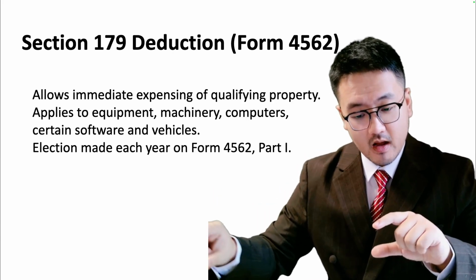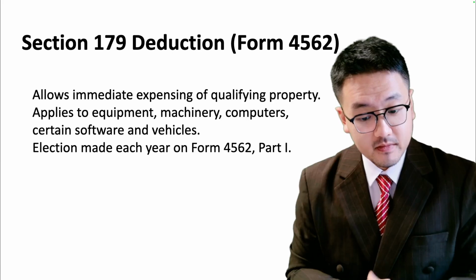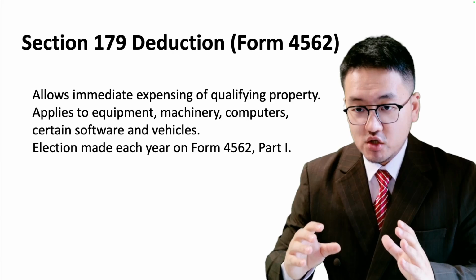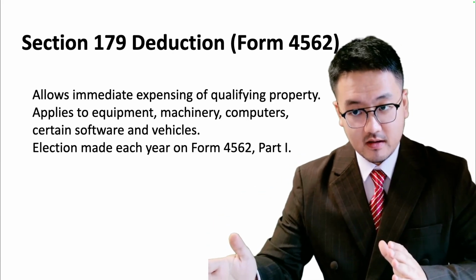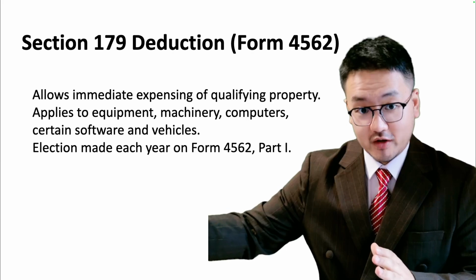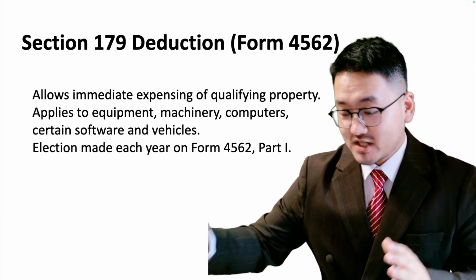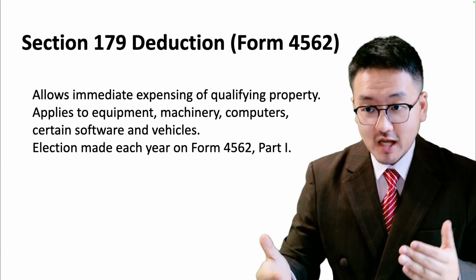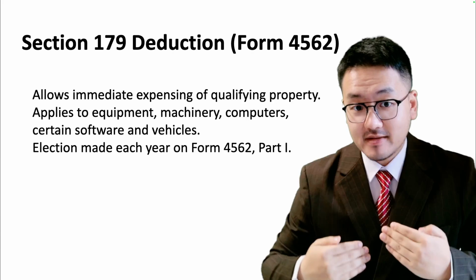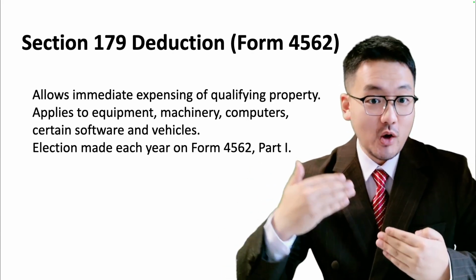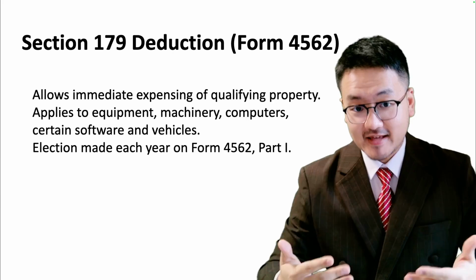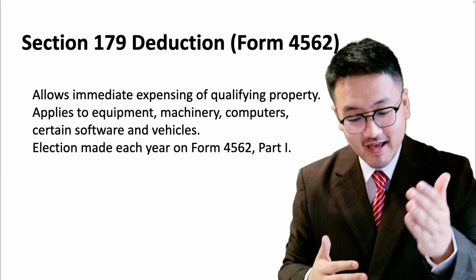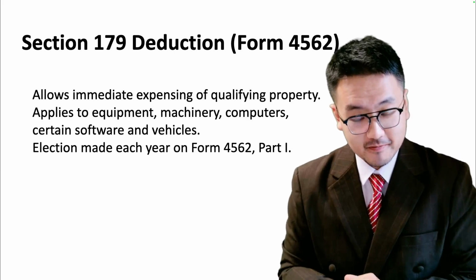But there is a special rule here. That's Section 179. You can immediately expense the cost of that qualified property, which is a huge deal, right? Because if you immediately expense it, your income becomes lower, and less tax will be paid that year. So that's a huge benefit for your company.